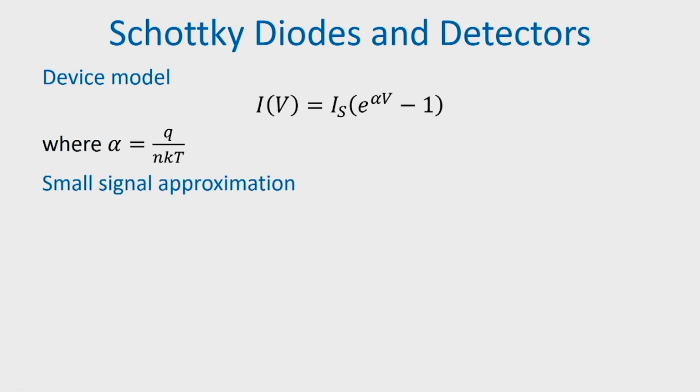Now, this diode, since it has a lower capacitance because of the metal semiconductor junction, it has very fast response, and because of this faster response, this diode is used for signal detection.